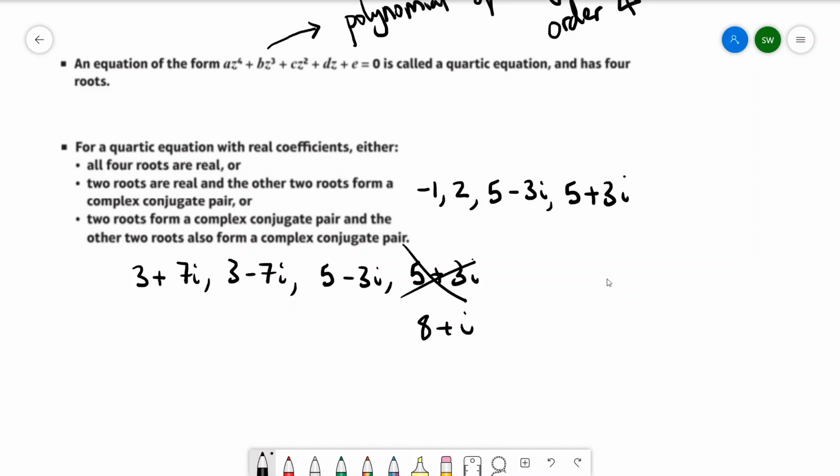The problem is we know that 5 plus 3i has to be a root because it's a conjugate pair, and we also know that 8 minus i has to be a root. That would lead us to have 6 different roots, but we know that it can't have more than 4 different roots, so that's not possible.